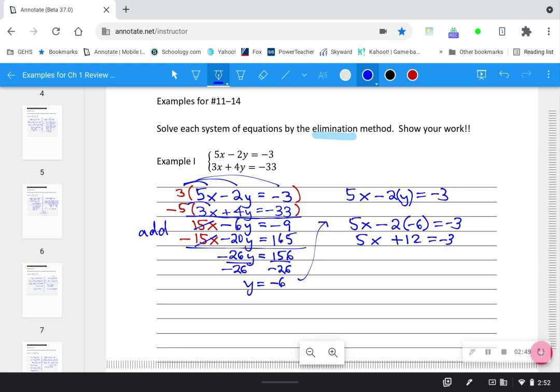Take the 12 over to the other side, or subtract it off both sides, and divide both sides by 5 to get my final answer here. So the answer here is negative 3, negative 6. Remember to put your x first and your y second when you list these points.